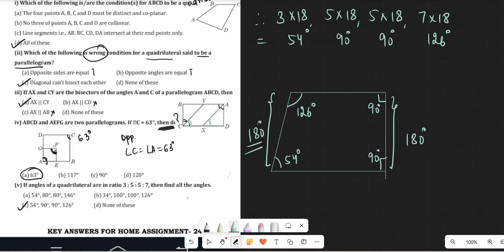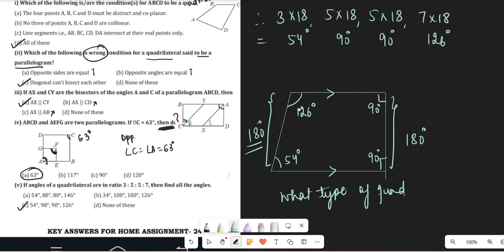So here a better question would be, what type of quadrilateral is this? Based on the angles, what can we say? I can only conclude that these two sides are parallel because co-interior angles are supplementary.